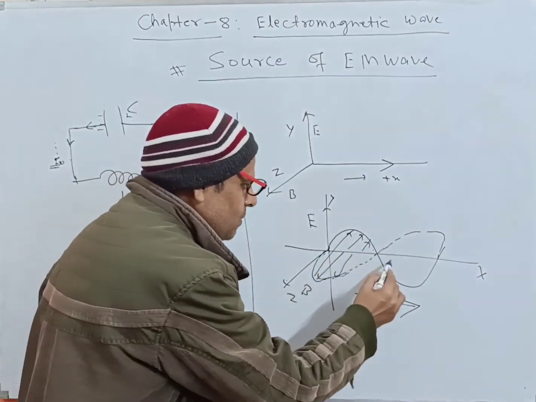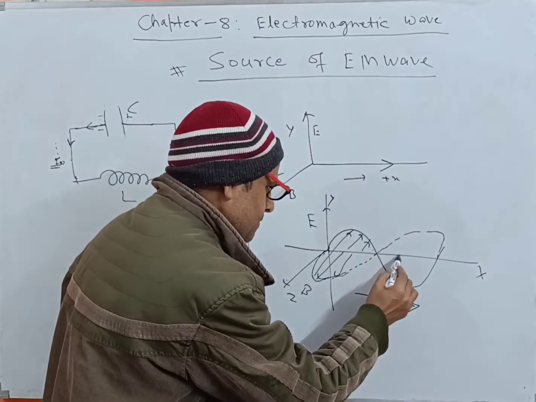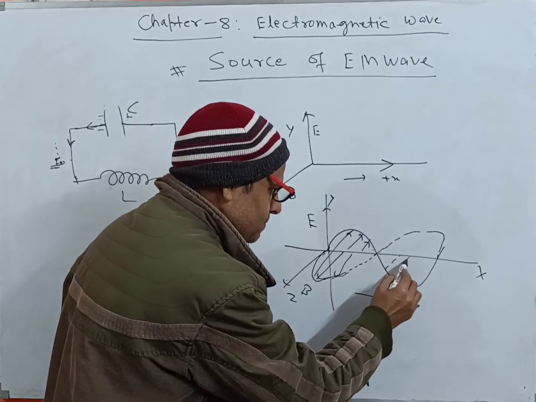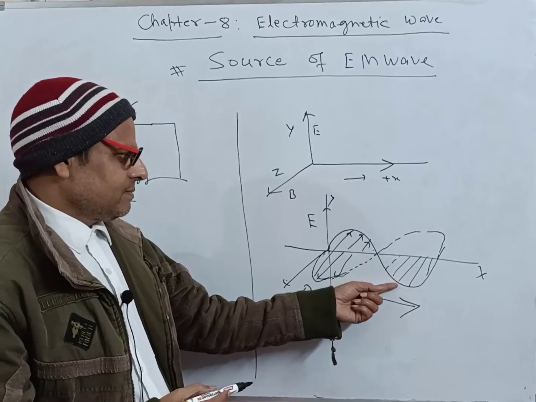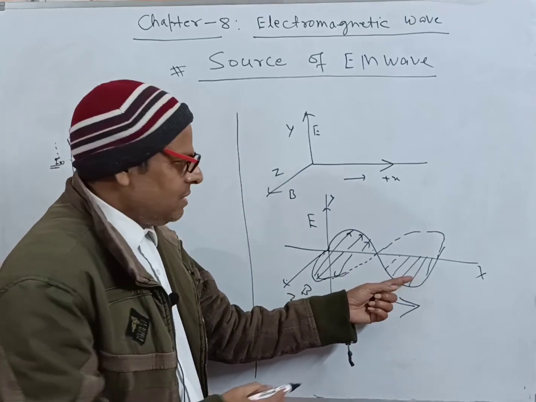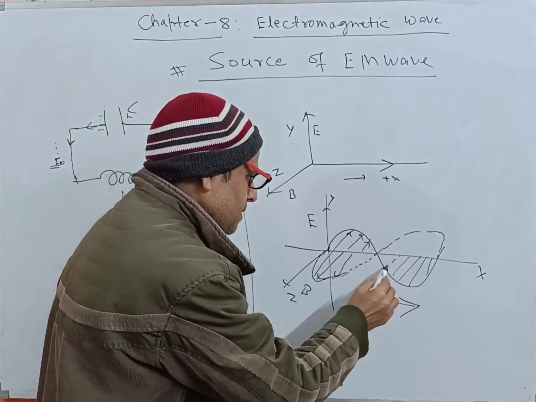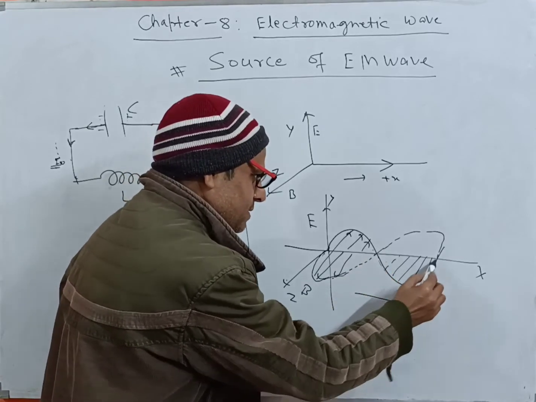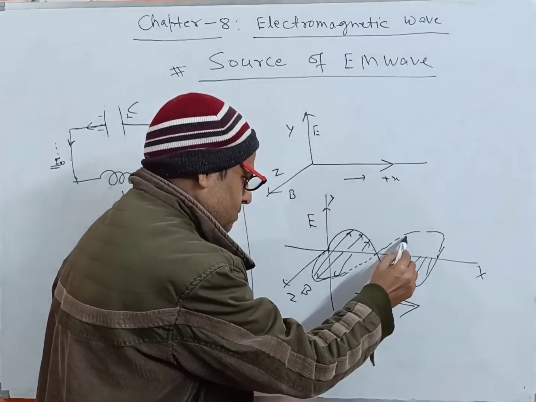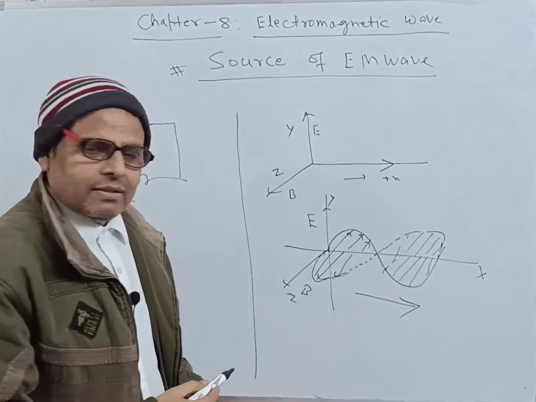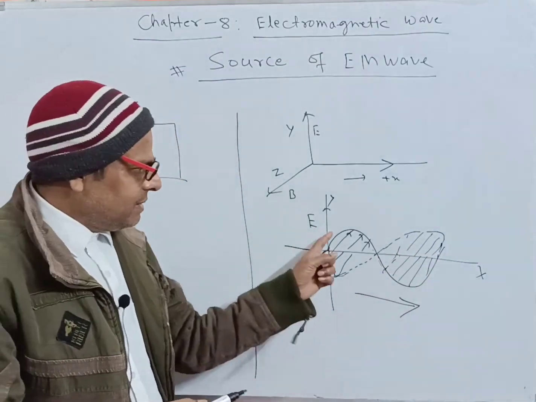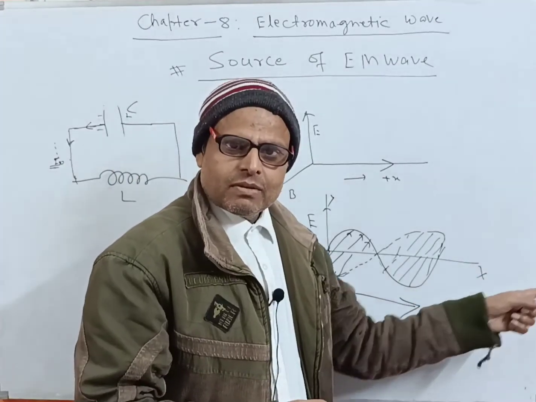So equal and opposite electric field will be produced here. And again, this electric field will produce a magnetic field, and this process will continue.